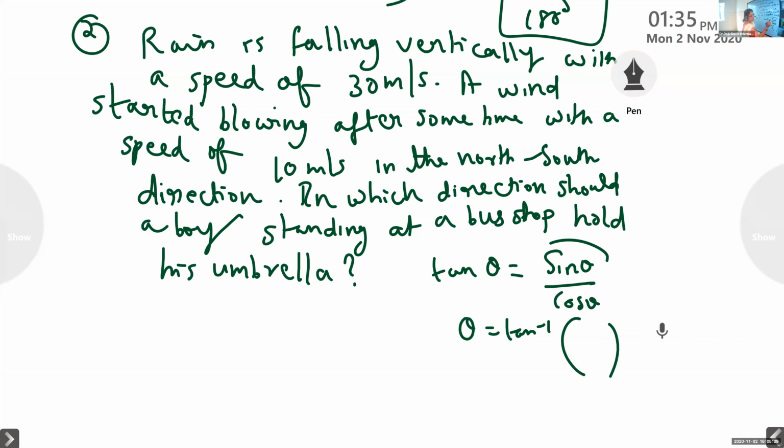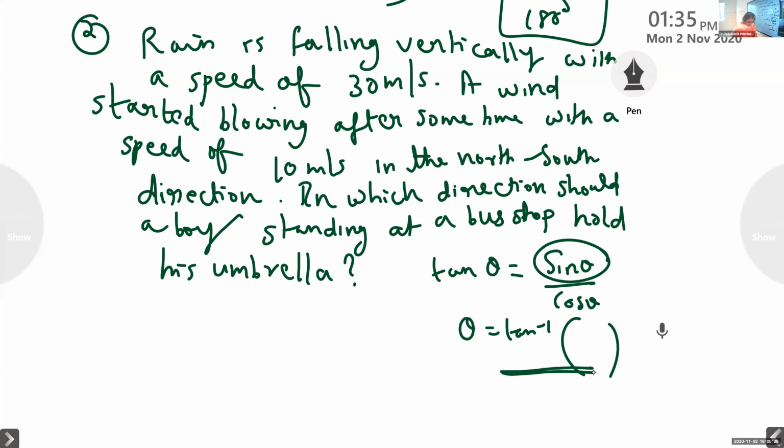One point will be one velocity, another point will be another velocity. We are not going to derive that, directly you apply. In the parallelogram law of vector addition we have used tan inverse theta, the same. If you find this theta by tan inverse, that is the angle at which the boy should hold the umbrella.